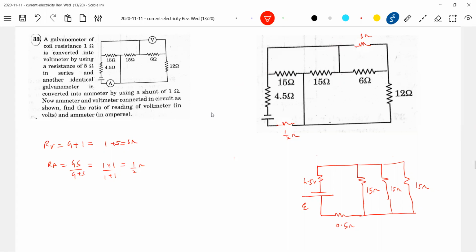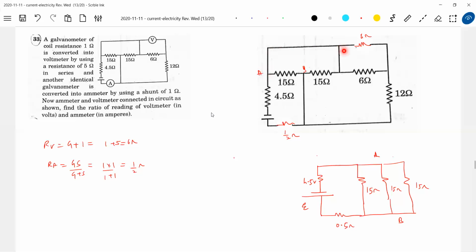So I think the discussion should be A, B. So this is A, this is B. You look at all these resistors, what happens? They're connected across AB only.